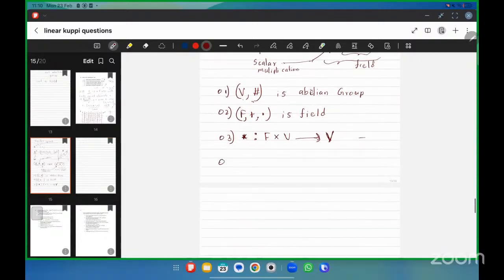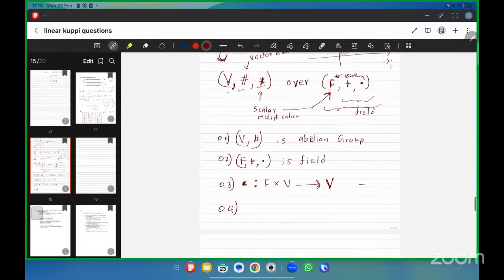Okay, and the fourth condition is, now we have to connect all these operations together. That is the fourth, fifth, and sixth conditions. The fourth condition connects the sharp and the star, kind of a distributive law. There are three distributive laws here.